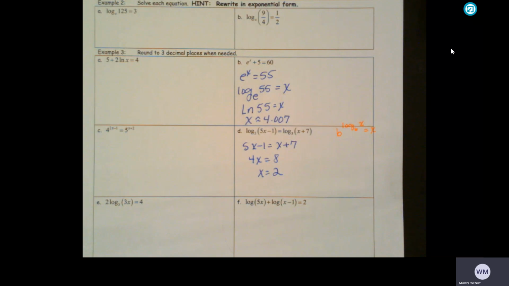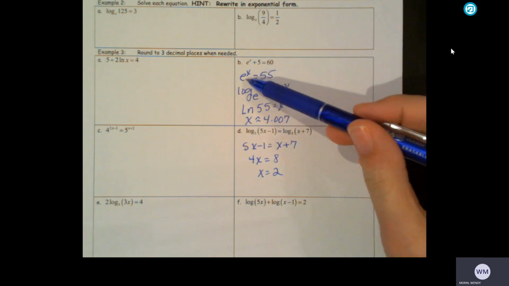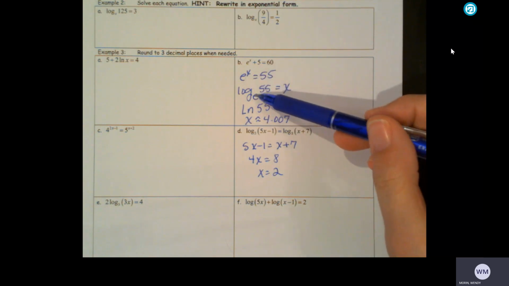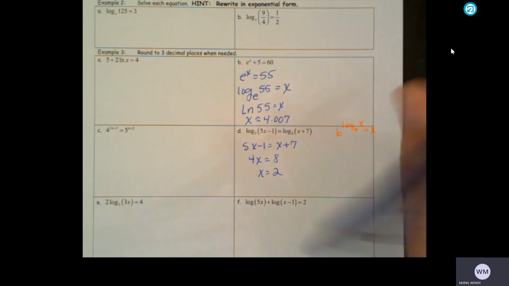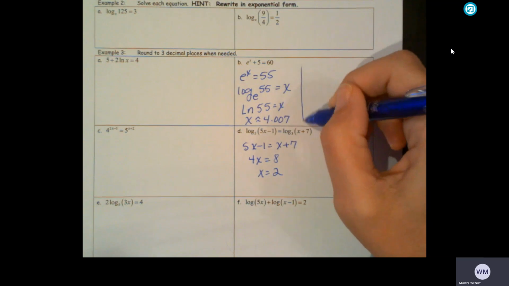Now, if you ask a math teacher to do this problem, they are not going to change this to log base e and then ln. That's not how they're going to do it. When you get used to doing a lot of these, there's something that shows up. Here is something that you should think about.